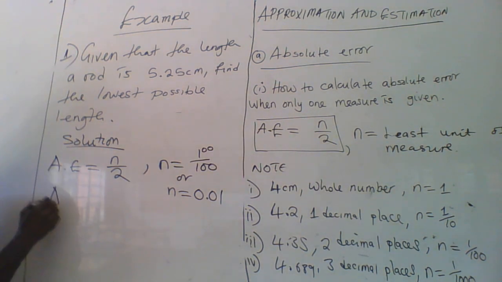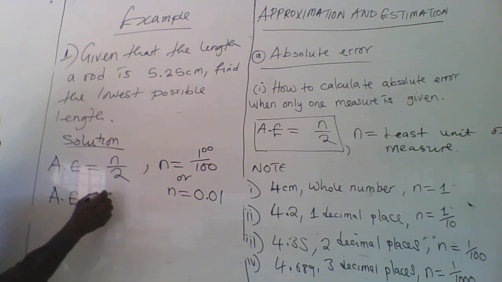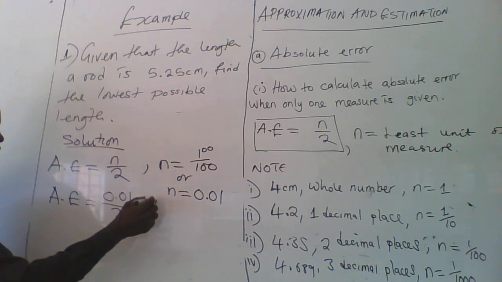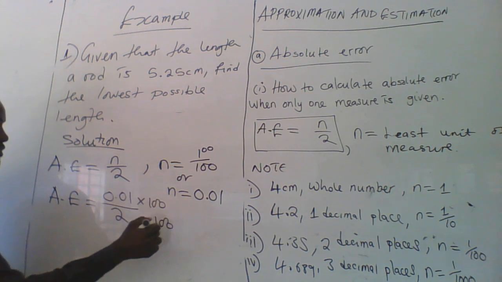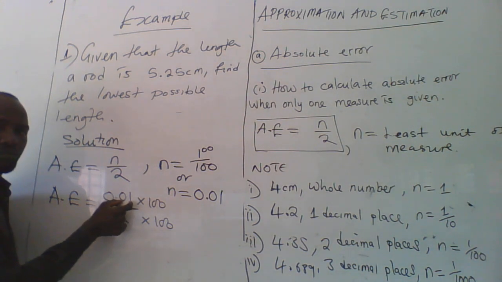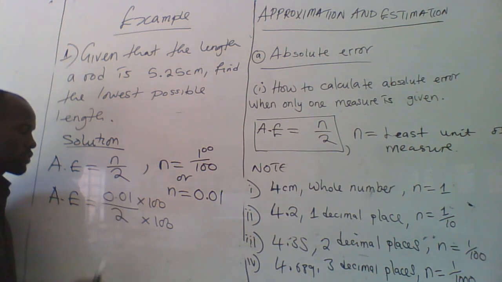So absolute error is equal to 0.01 over 2, then times 100 over 100. Why are we multiplying by 100? It is because we want to get rid of the decimals.